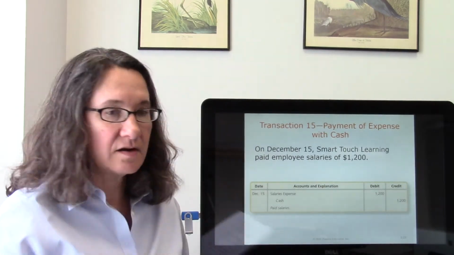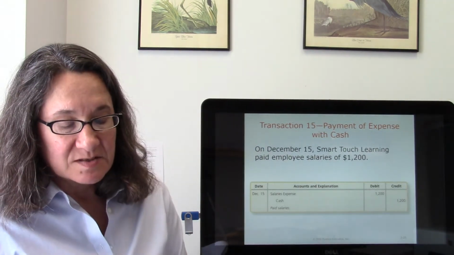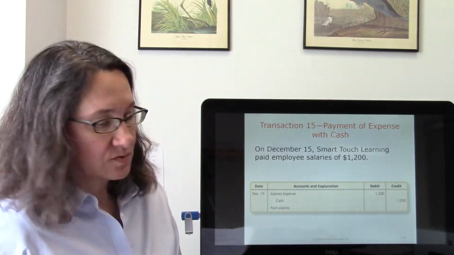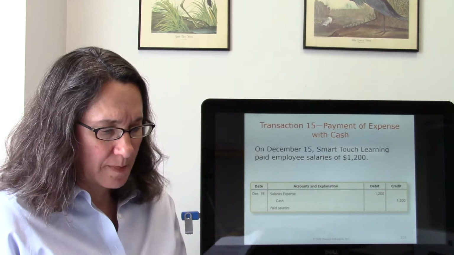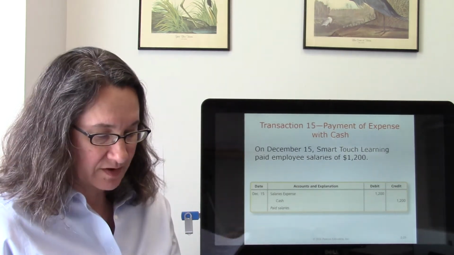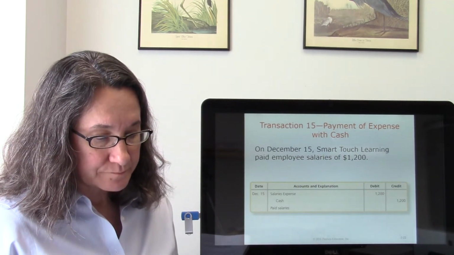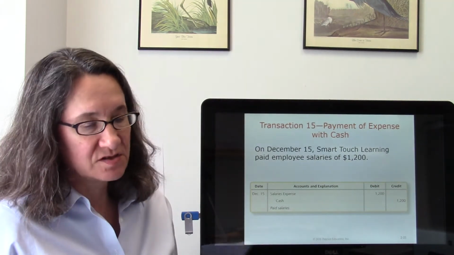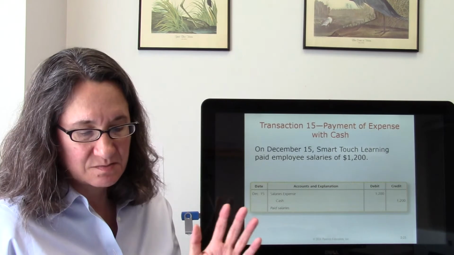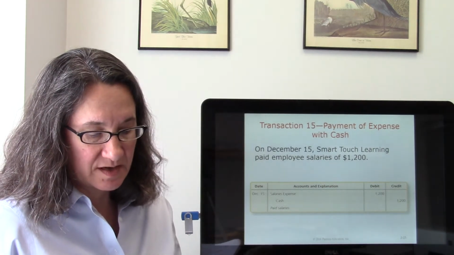Next, continuing on, payment of expense with cash. So we're going to pay something out of cash. December 15th, Smart Touch Learning paid employee salaries, $1,200. Salaries expense is an expense, so expenses, we increase them with debits. So just memorize that. Expenses increase with debits.